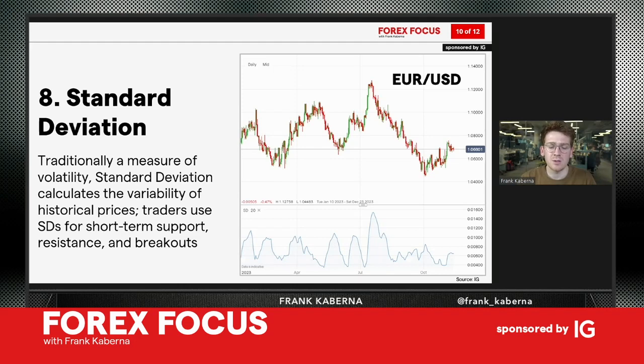When used on its own, it just calculates the variability of historical prices. So here you have a standard deviation with a 20-unit time window. So for the last 20 days, what has been the day-to-day variability of prices? In the euro dollar market, it's been around 60 pips. If volatility is high and the market's really moving, it can be 100 pips, it can be 120 pips. If it's low, it can be 30, 40, 50 pips.